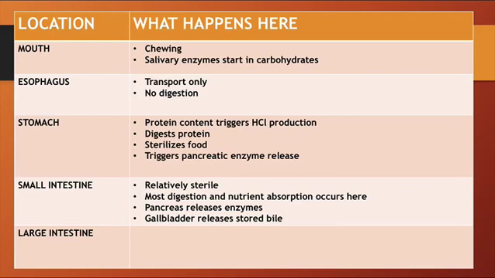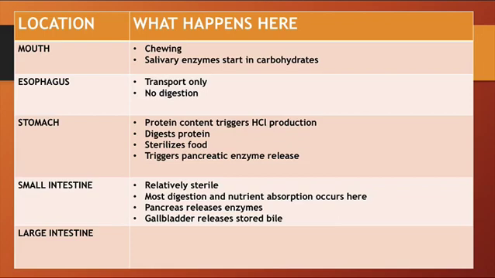Now, the gallbladder itself doesn't make bile. Bile is actually made in the liver. The gallbladder is just where the bile gets stored and concentrated so that when fat comes down into the small intestine from your diet, it's the fat content that triggers the gallbladder to release its bile, and the fat gets emulsified, it gets broken down, and then other cells in the small intestine can absorb it.